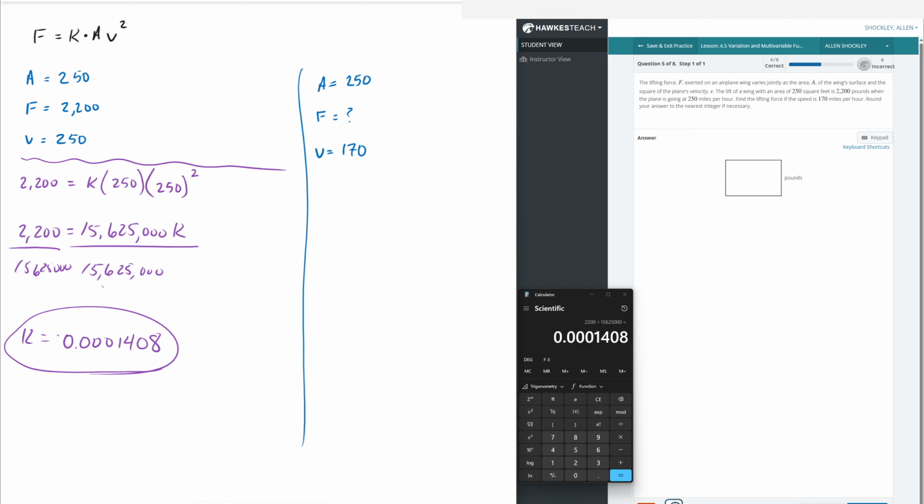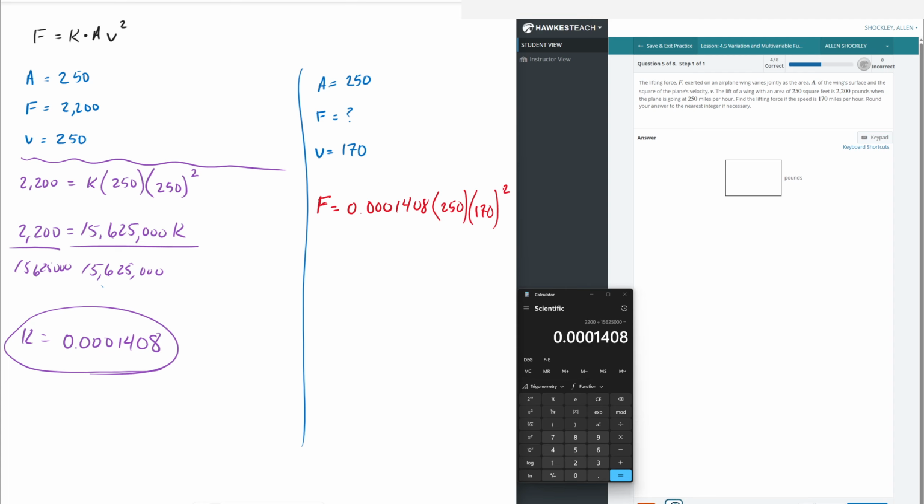Now we got to plug it in. So again, we're going to go over here and we're going to solve it. I do not know my force. I do know my K value of 0.123148 times my area, which is still 250, times my velocity of 170 squared.